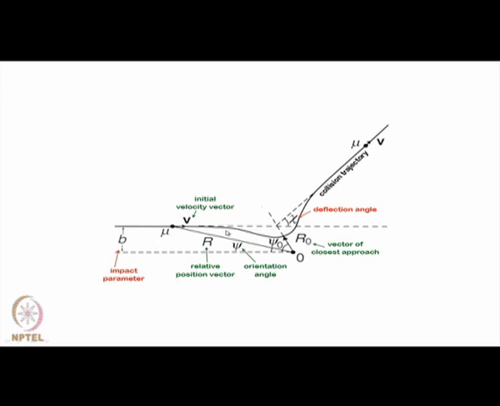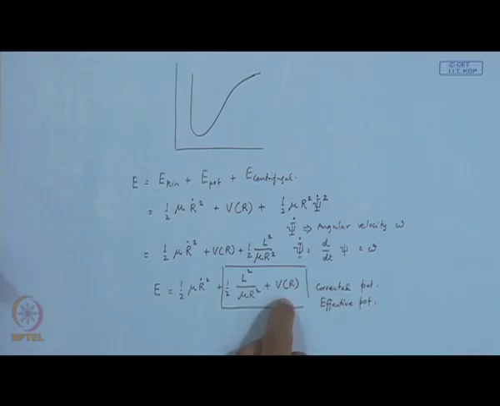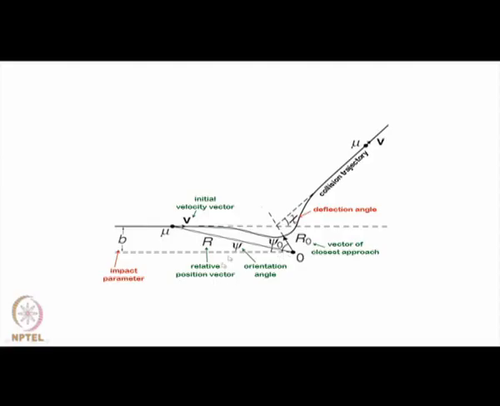This collisional angular momentum L is equal to the angular momentum associated with the rotation of r about this psi. The effective potential of the collision contains both the interaction potential and the centrifugal energy, because of this movement. That is why the effective potential term has been introduced.